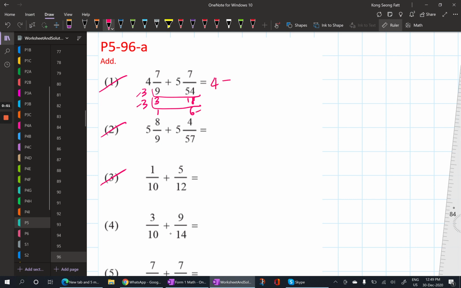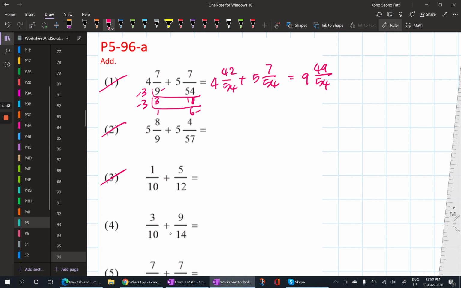So your common denominator is 54. Okay, 9 times 6, 54, 7 times 6, 42, and this is 7 times 9, 49 over 54.